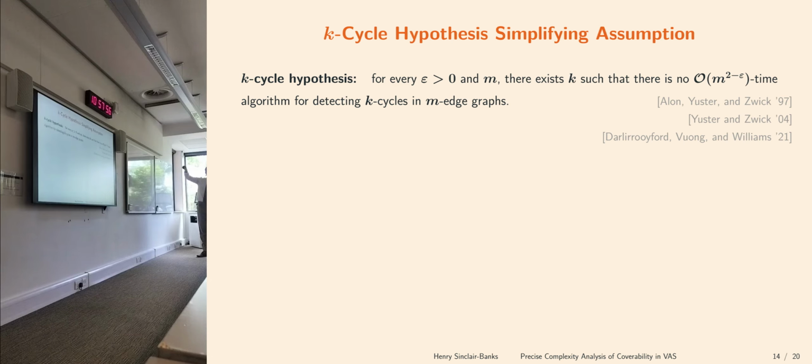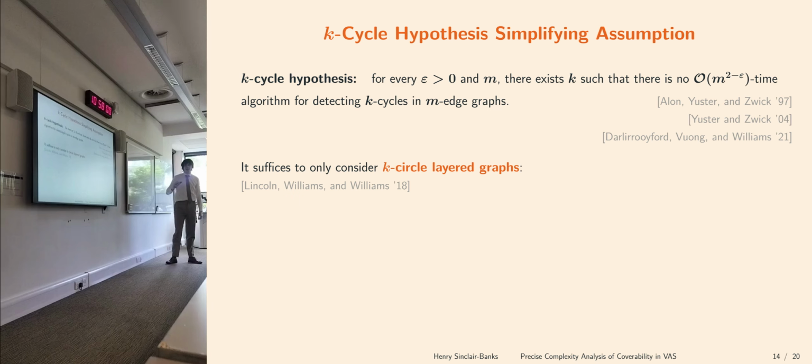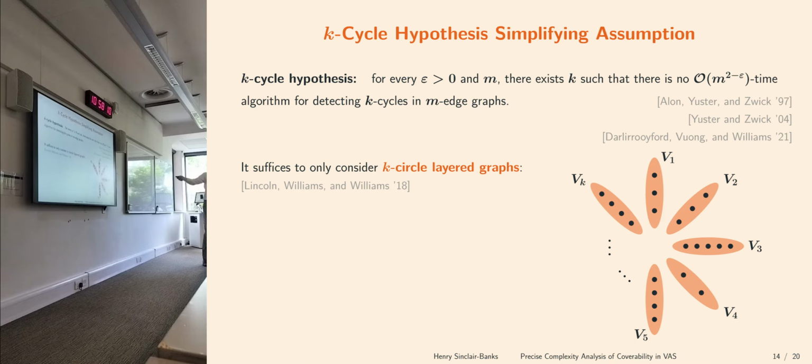So I want to make a simplifying assumption because some graphs are kind of ugly, and there's this really nice simplification down to k-circle layered graphs. Most of you haven't heard of a k-circle layered graph before. Here's one I made earlier.